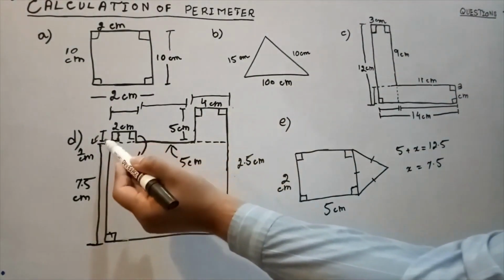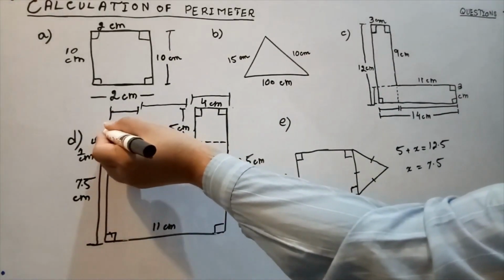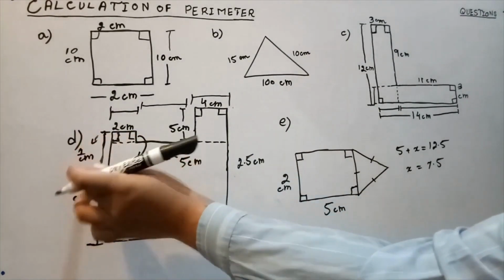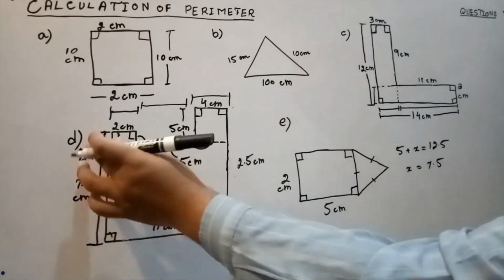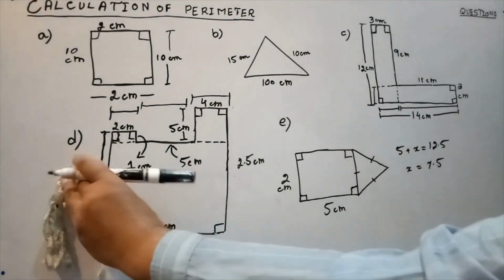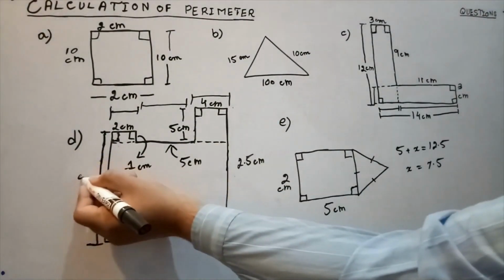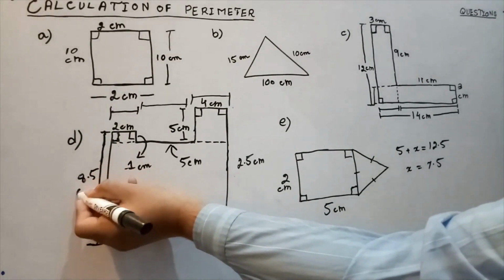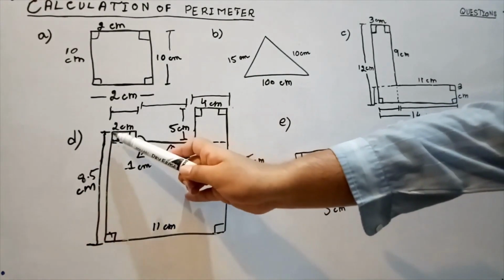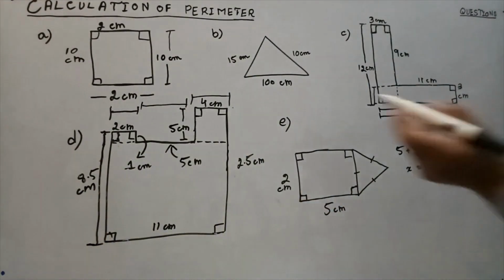If I combine it, 7.5 plus 1 centimeter, I will get 8.5 centimeters. Clear? So from here to here it is 8.5 centimeters.